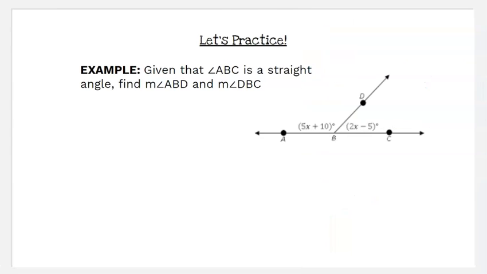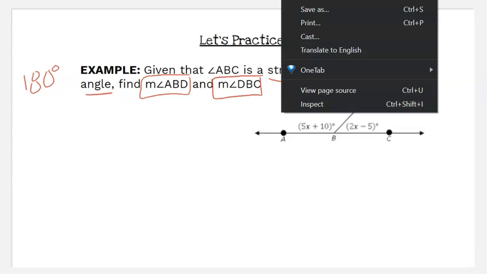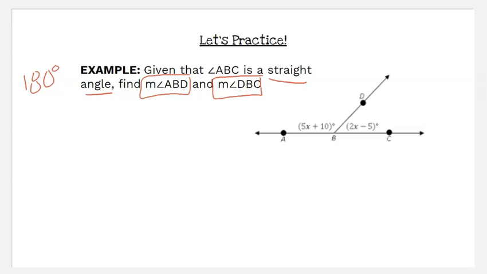Let's practice. So example, given that angle ABC is a straight angle, so straight angle, remember, is 180 degrees. Find the measure of angle ABD and the measure of angle DBC. So we have this straight angle, ABC, and D is in the middle.